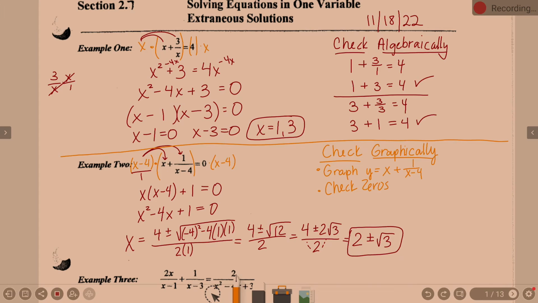Oof, calculator's in slow motion. Okay. Well, I see 2 places my graph crosses the x-axis, right? How do I find what those values are? Second trace, zero, and go in and find your zeros, right? Old routine. Left bound, I'm going left of where it crosses the x-axis, enter.